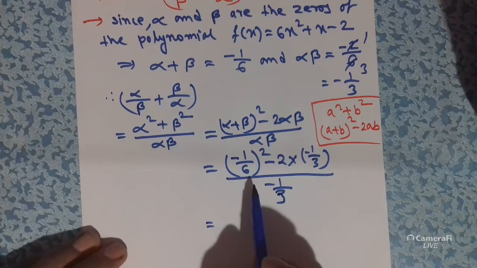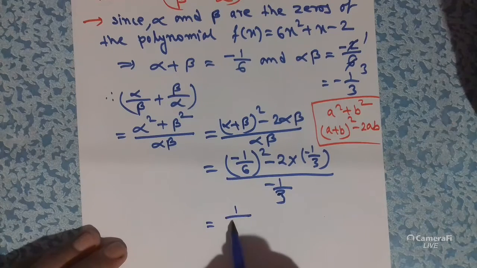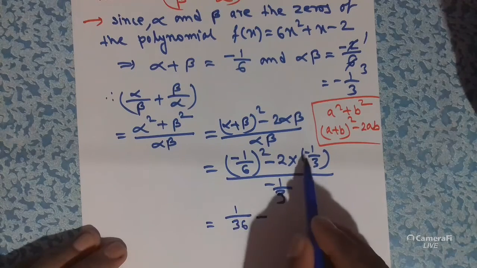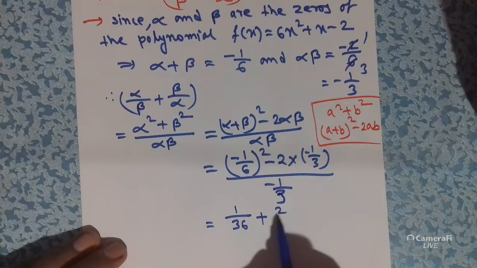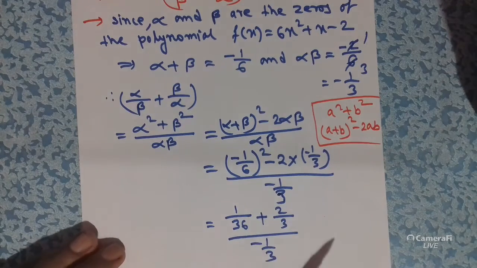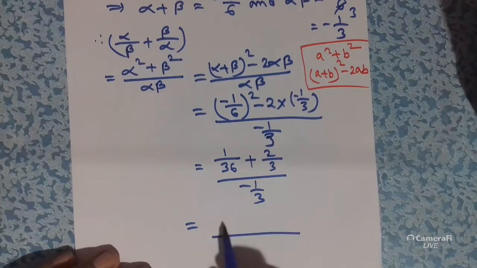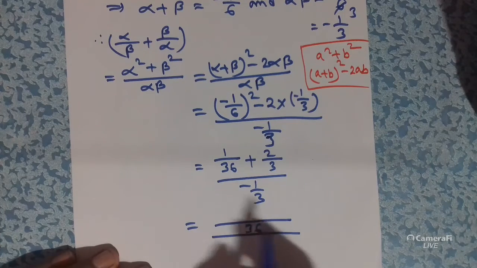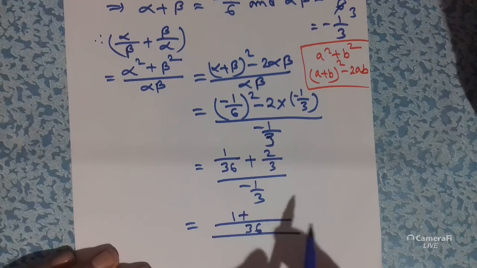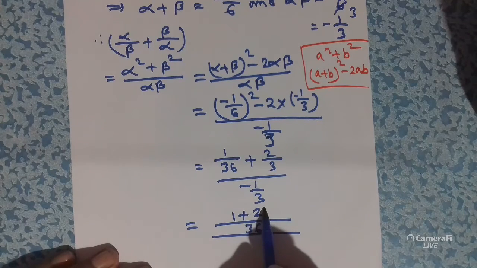Now minus 1 by 6 whole square is 1 by 36, and minus minus makes plus 2 by 3, divided by minus 1 by 3. Now the LCM of 36 and 3 is 36, so it will be 1 plus 24 over 36, divided by minus 1 by 3.